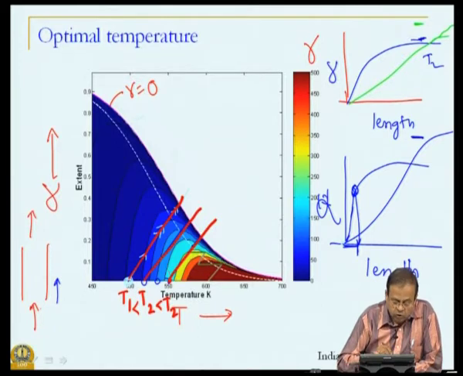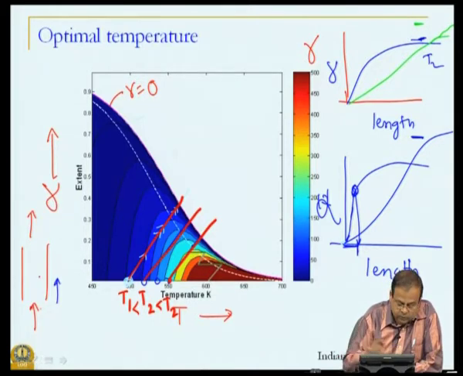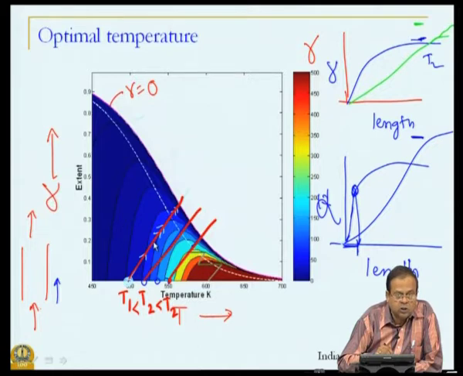But in terms of rates, just keep looking at the color scheme: the rate along the adiabatic line starting with T3 is much higher compared to the rate along the lines starting with T2 or T1.